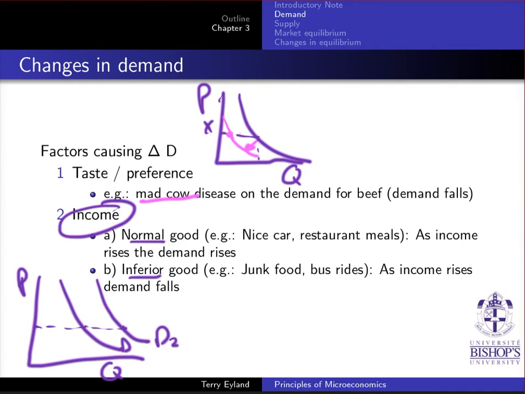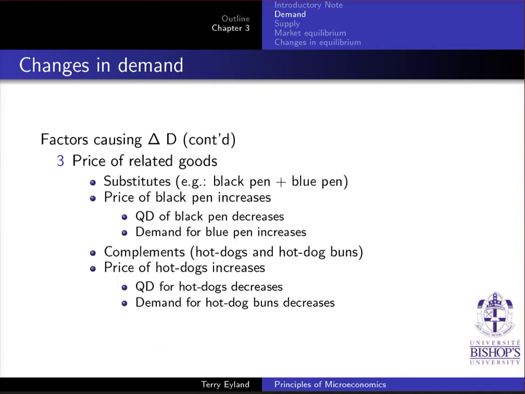Okay. What else can shift the demand curve? Well, the price of related goods has a big impact as well. If I think about two different goods, they're either treated as substitutes or complements, and as one of the goods' price increases, it's going to have an impact on the other one.